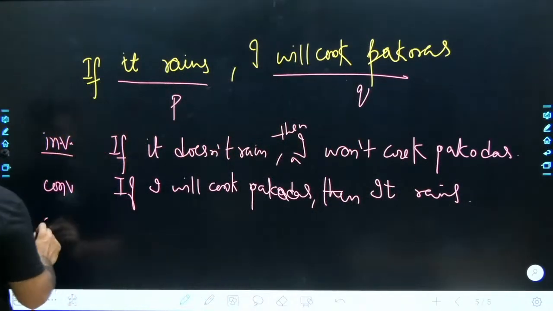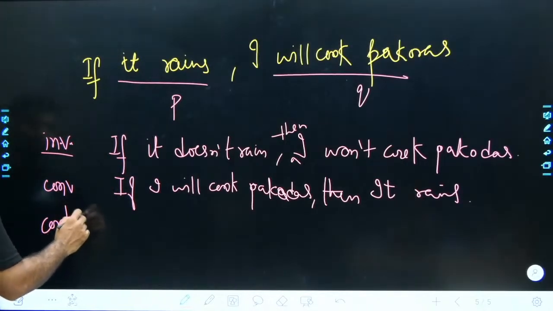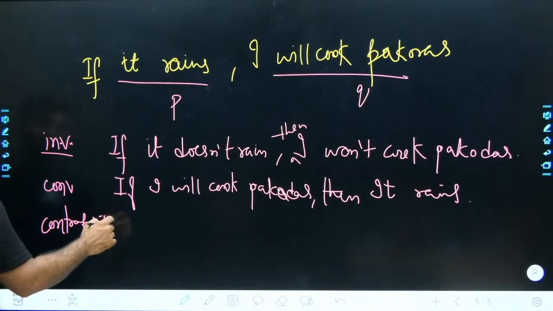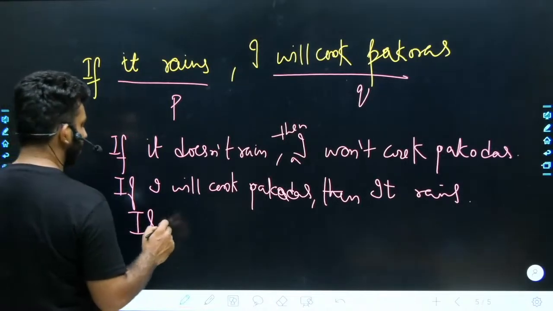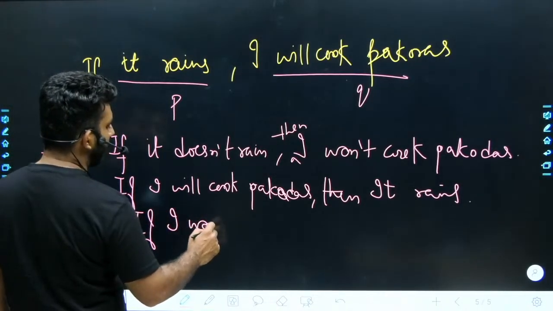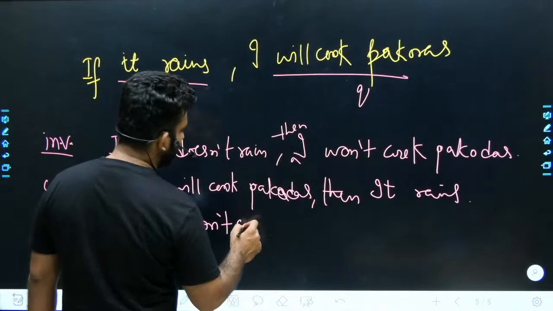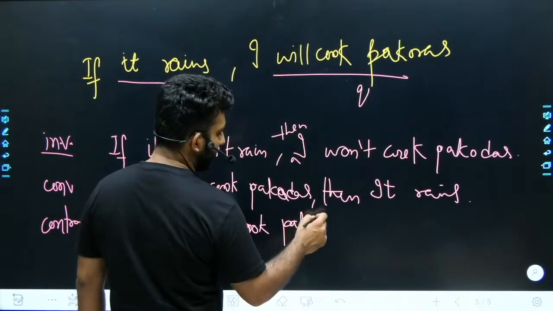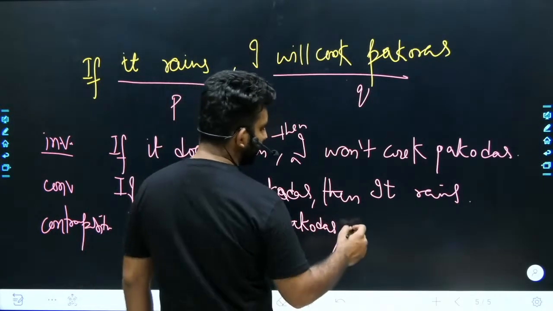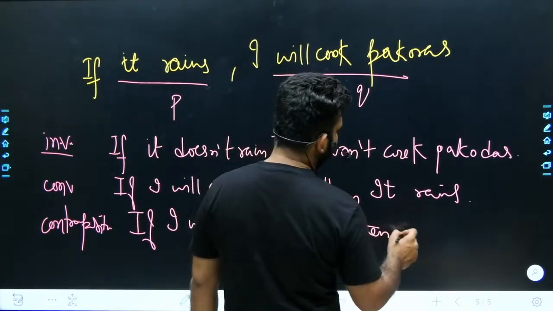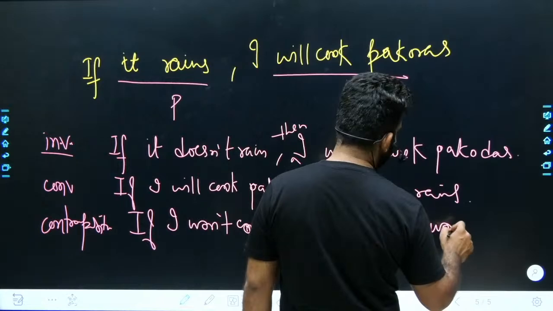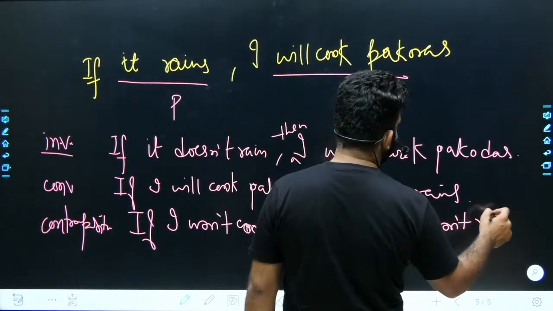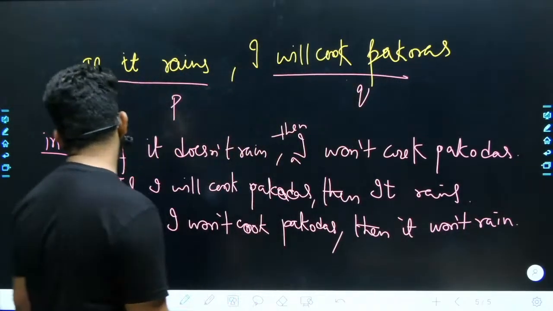And what is contrapositive? Contrapositive is, if I won't cook pakoras, then it won't rain. So see, this is very important.